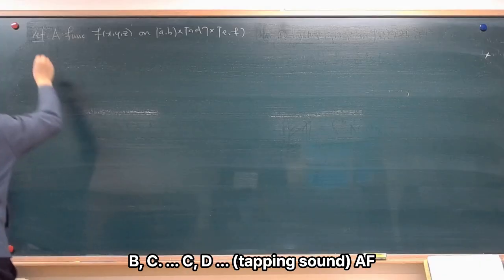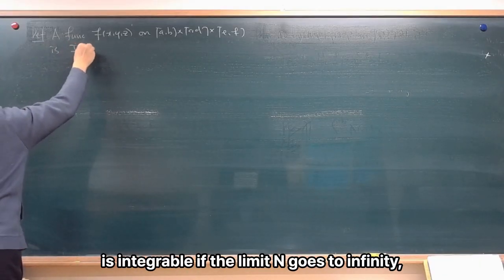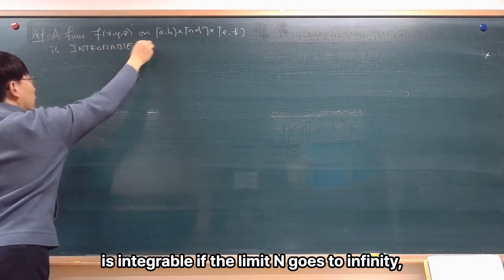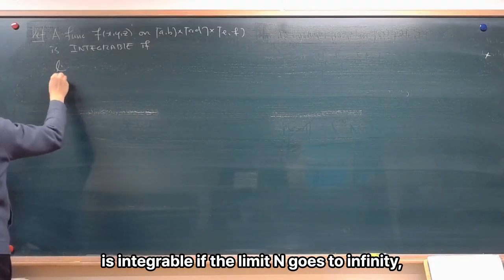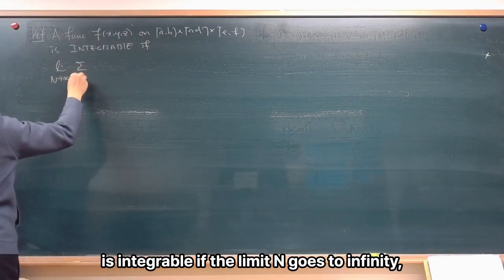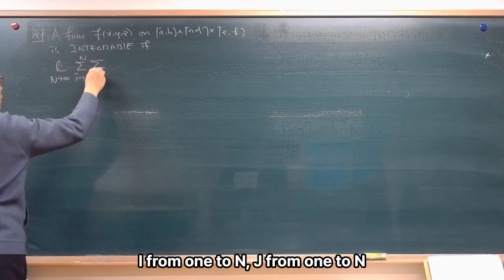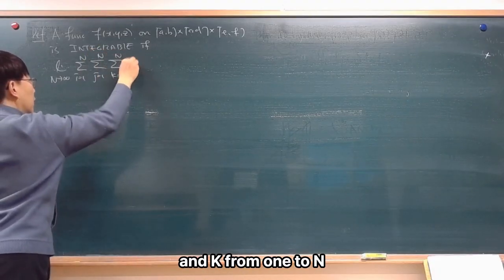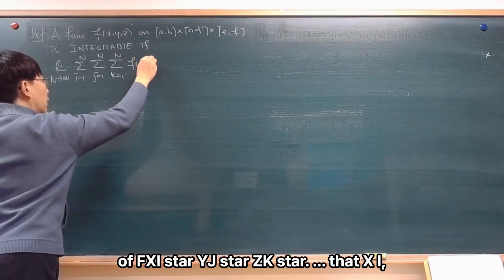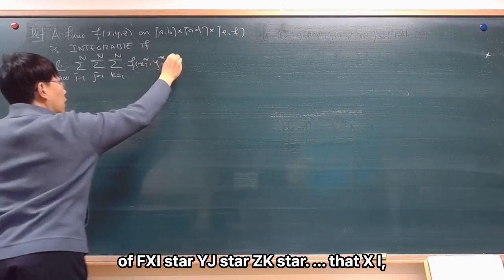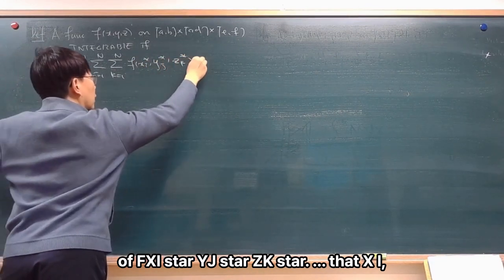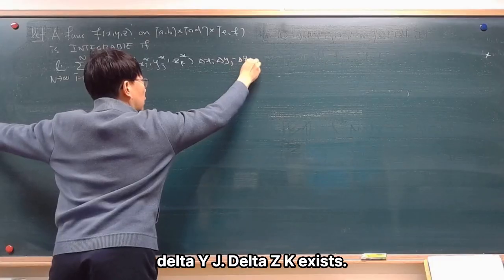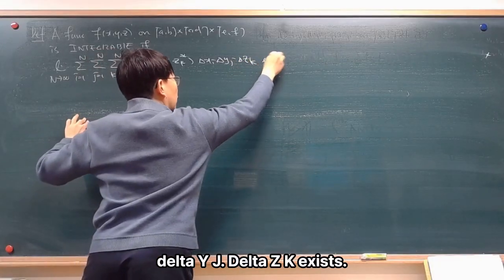F is integrable if the limit as n goes to infinity of the sum over i from 1 to n, j from 1 to n, and k from 1 to n of f(xi star, yj star, zk star) delta xi, delta yj, delta zk exists.